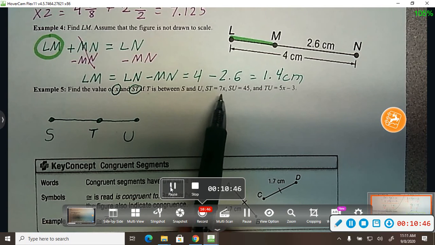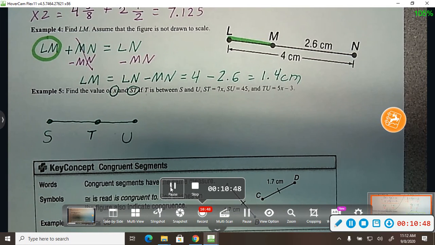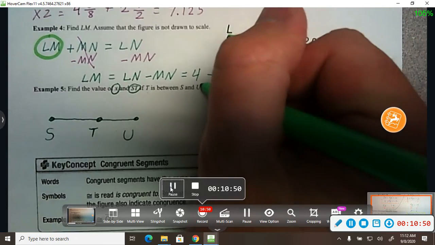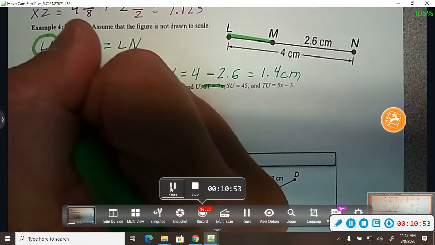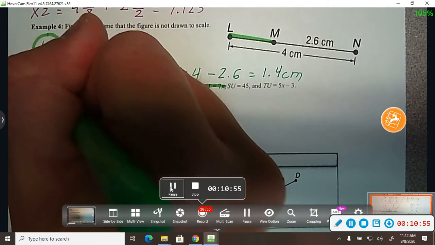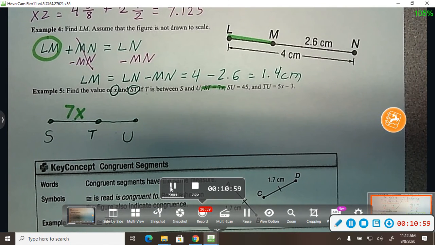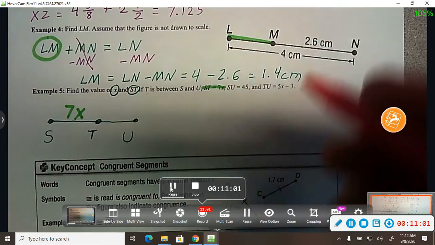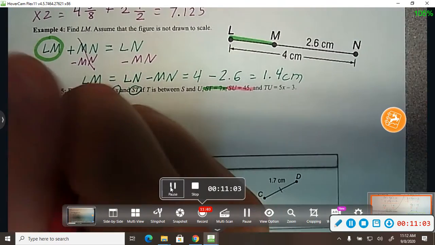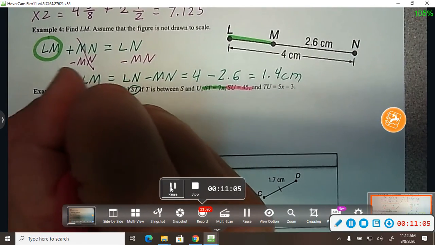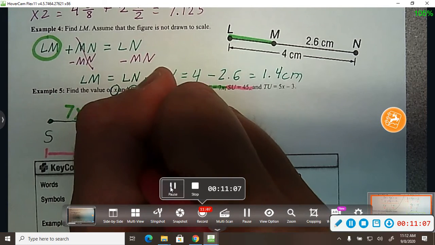ST is 7x. So I should write that down. ST, so I'll put 7x. SU is 45. So the whole thing is 45.